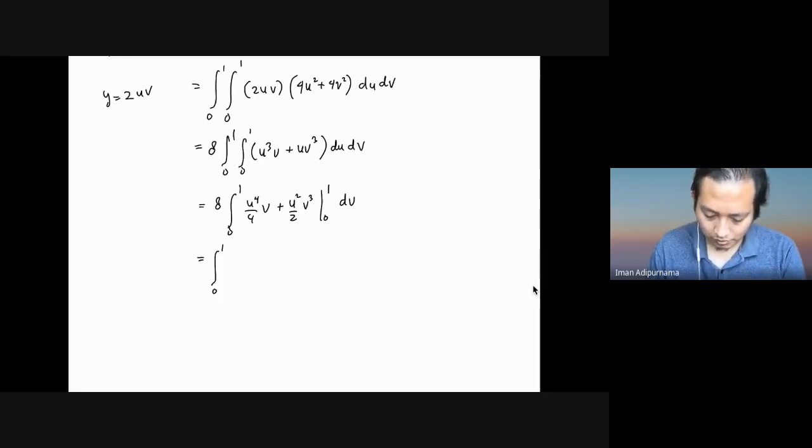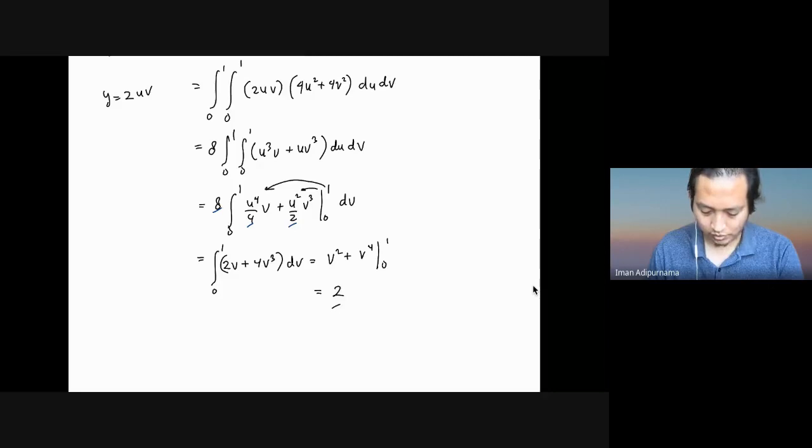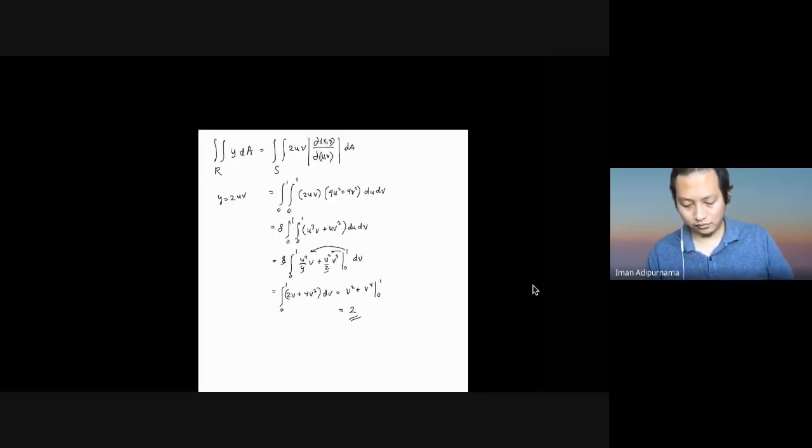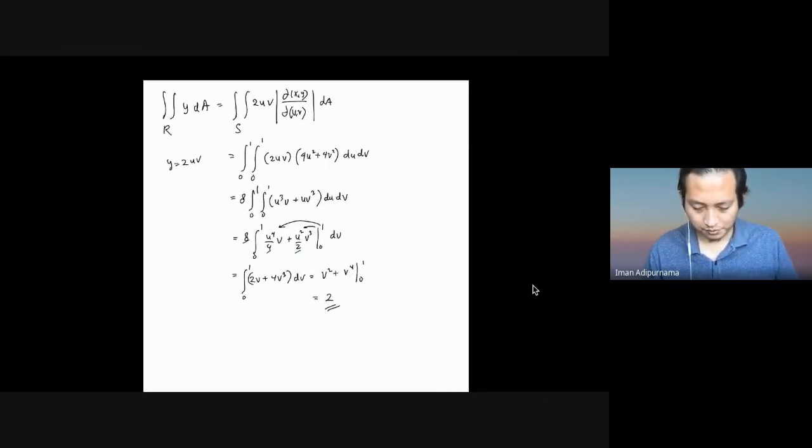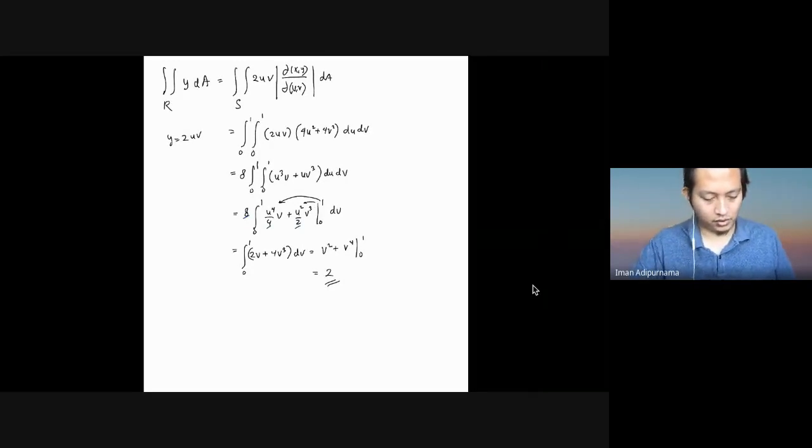And then multiply 8 to 4 and 2. It will be, and inside putting 1 and 0. So this will be 2 phi plus 4 phi cubed, and then d phi. And then you have one more integration. So it's 2.